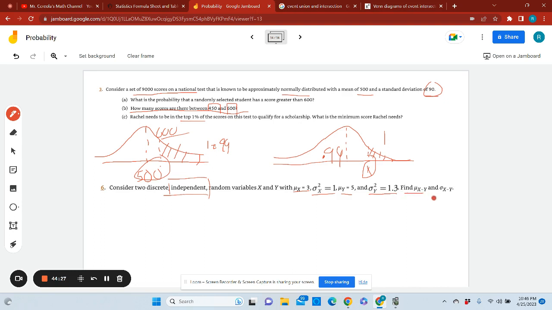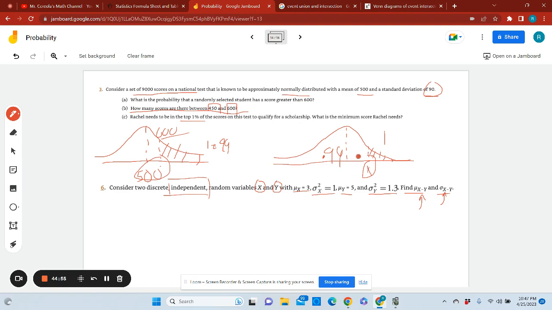It says find the new mean and the new standard deviation if we subtract all the numbers in the data set. Okay? If we take this variable x and then we take variable y and we subtract all their values, right? What will the new combined distribution look like? So the means are just going to be subtracted, okay?